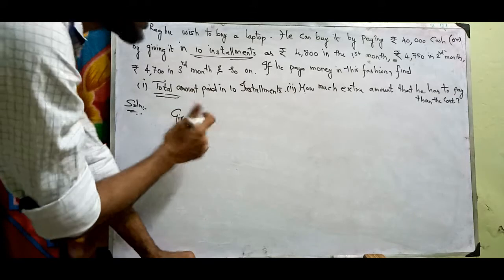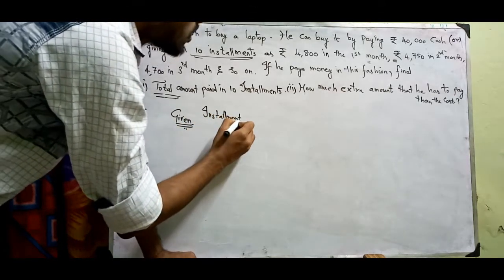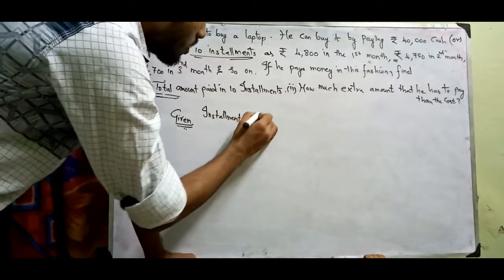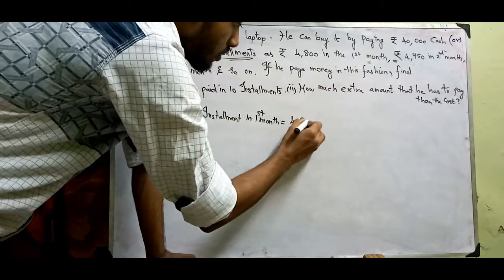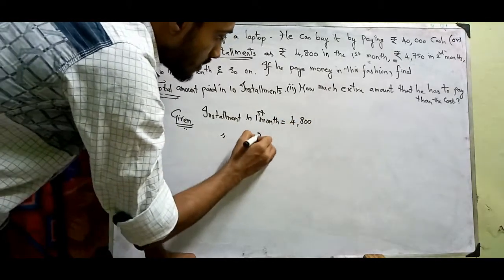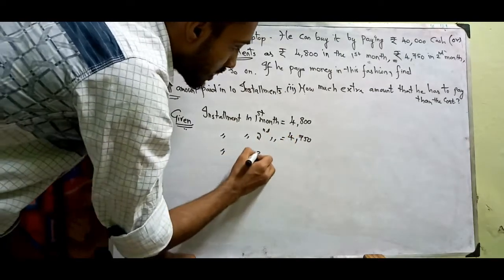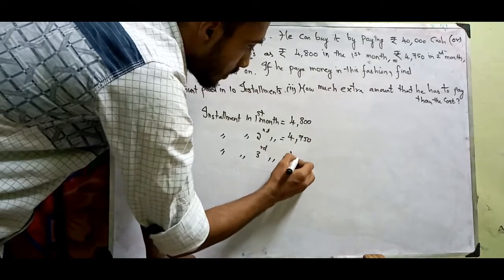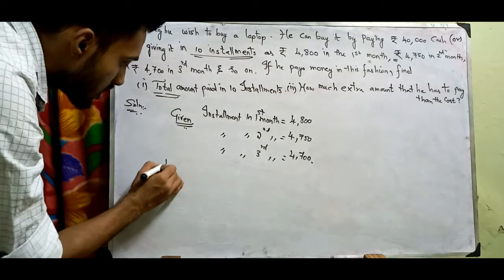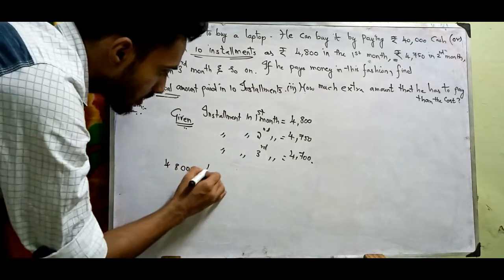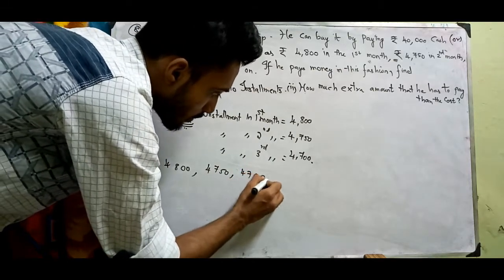So I'm just writing the given installments. Installment in the first month is 4,800. Installment in the second month is 4,750. Installment in the third month is 4,700. That means the given data is in this way: 4,800, 4,750, 4,700, and so on.